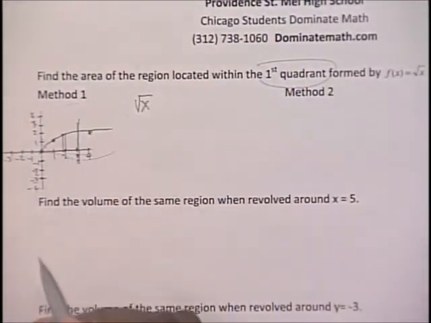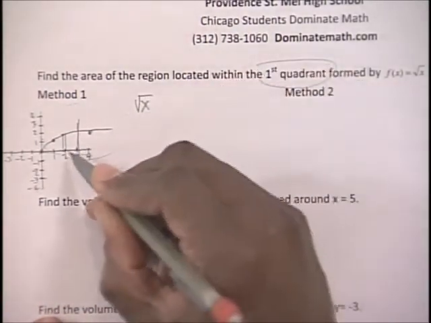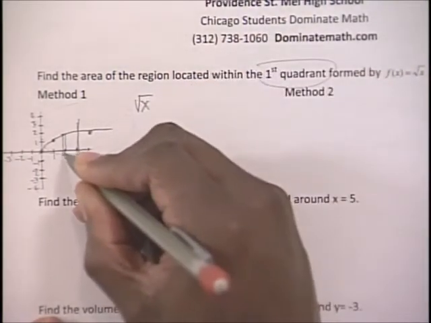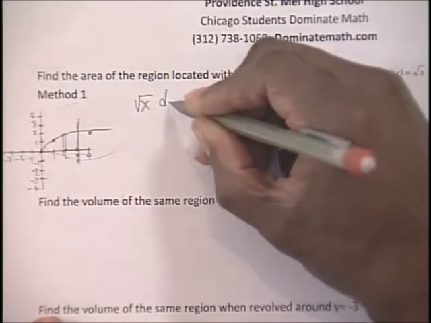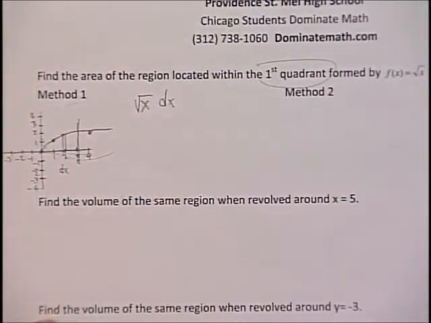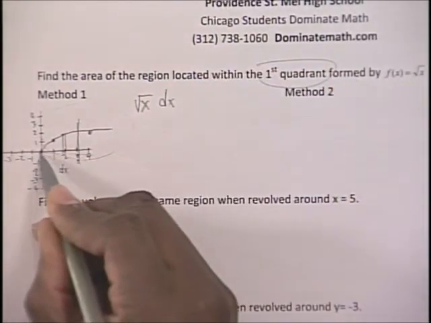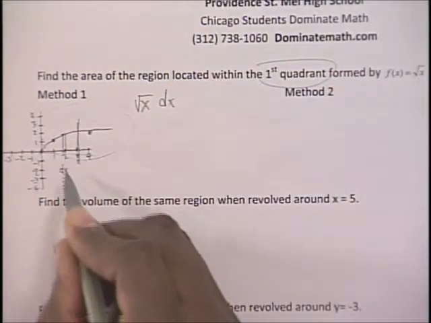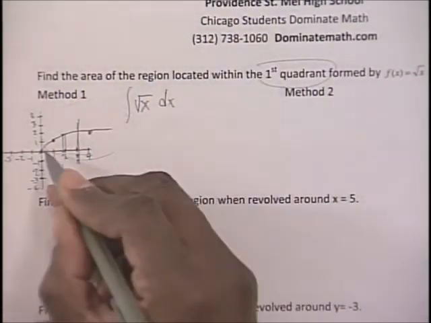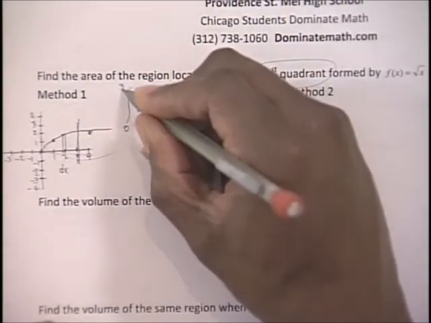The base of this slice is a very, very small lateral distance, let's call it dx. Now you're going to sum up these slices from the x value 0 to the x value 3.